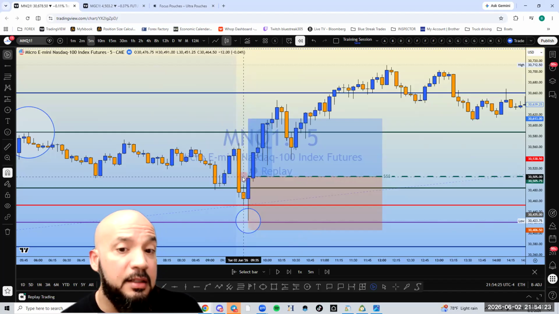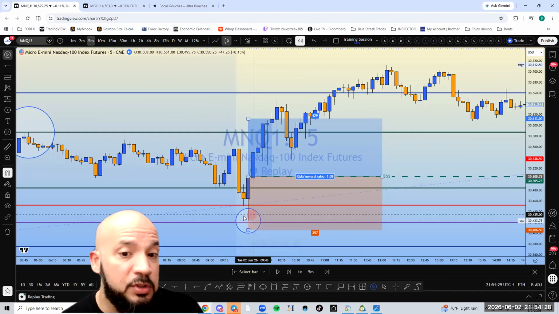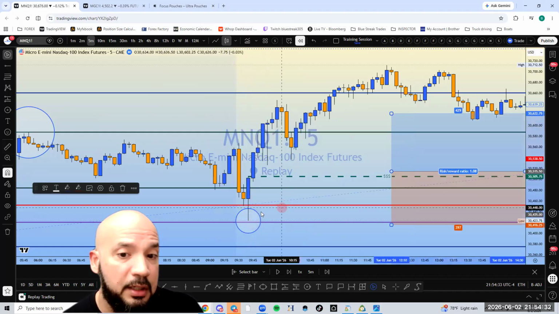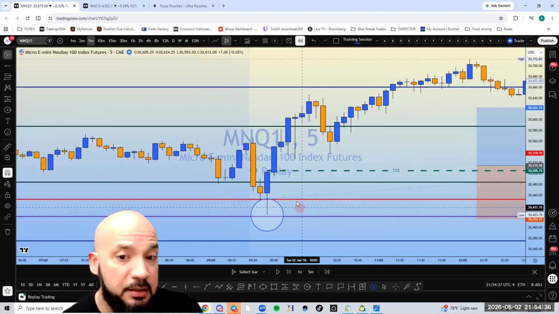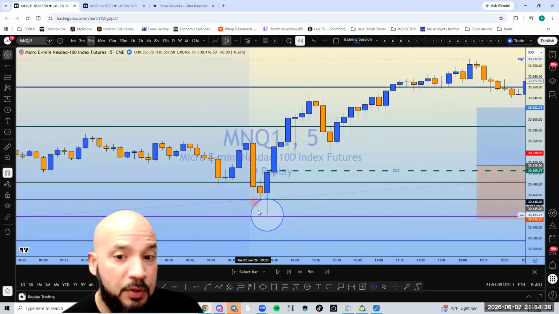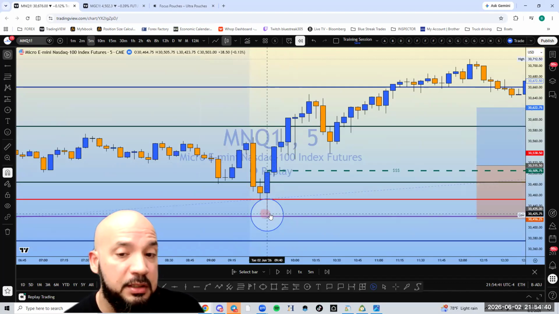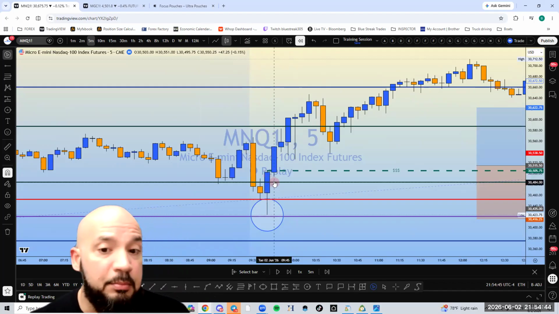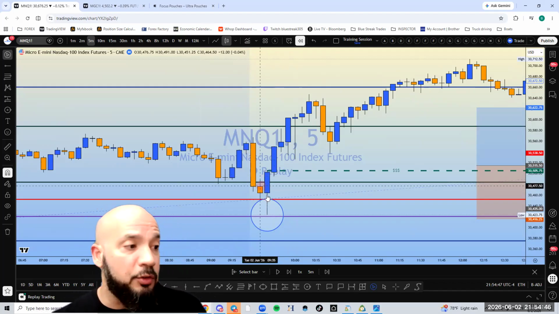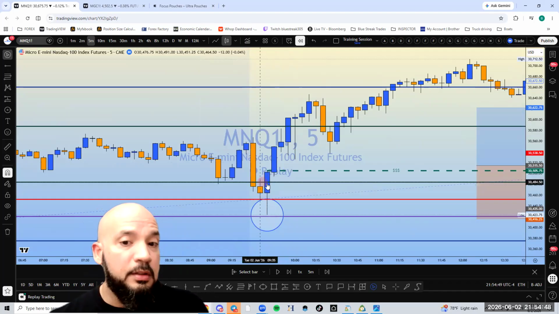This is your entry because the 618 was already tapped and rejected. The only thing you're looking at is the price action, the candlesticks. So you've already got your 618 rejection. The only thing that should allow you to want to enter is a bullish confirmation candle pattern. You don't wait for it to come back, is what you're saying. You already know it wants to go up, so you buy at the top.